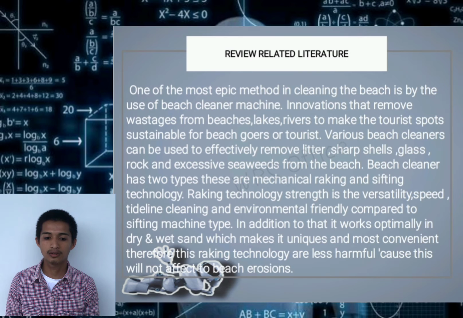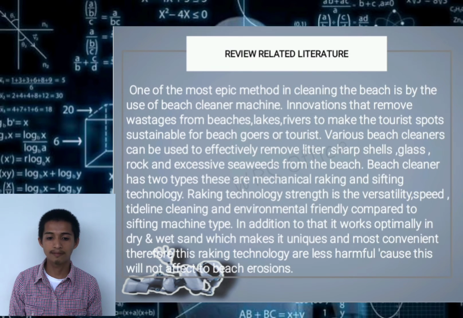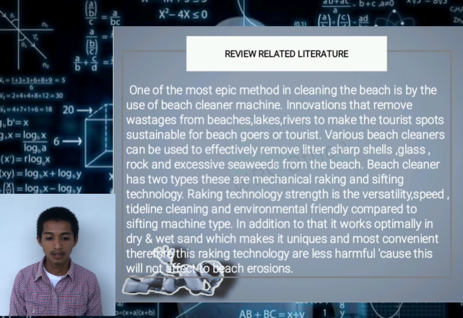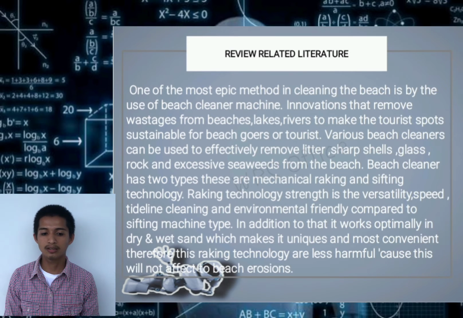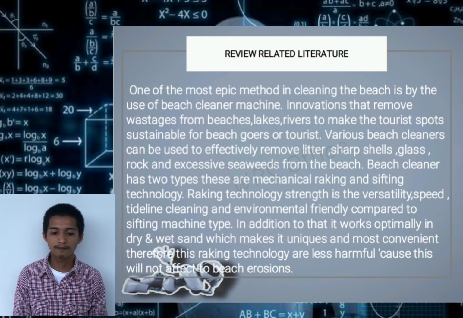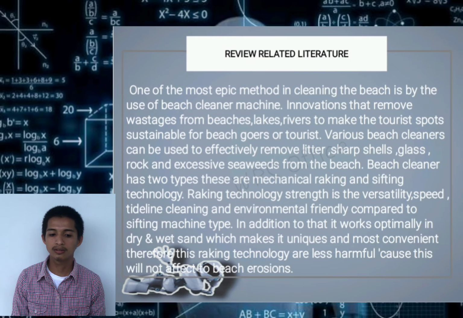Beach cleaners have two types: mechanical raking and sifting technology. Raking technology's strengths are versatility, speed, tide line cleaning, and being environmentally friendly compared to the sifting machine type. In addition, it works optimally in dry and wet sand, which makes it unique and most convenient.